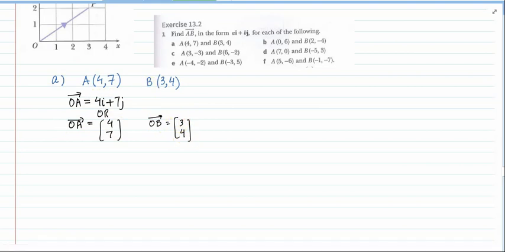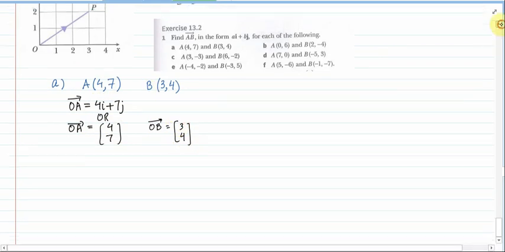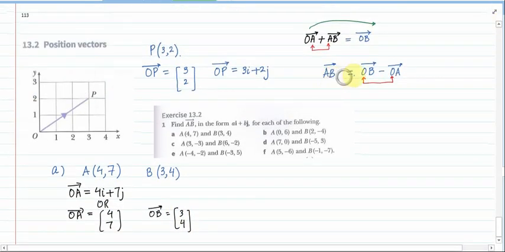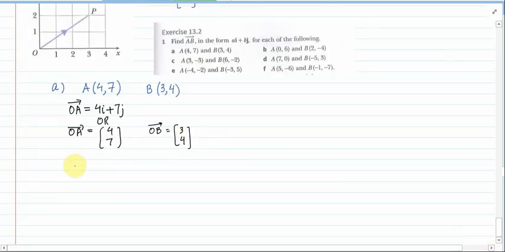We need to find AB, and I discussed previously that AB is equal to OB minus OA. We are going to apply the same. So AB is equal to OB minus OA, and OB is given, it's 3 and 4, minus OA, which is 4 and 7.